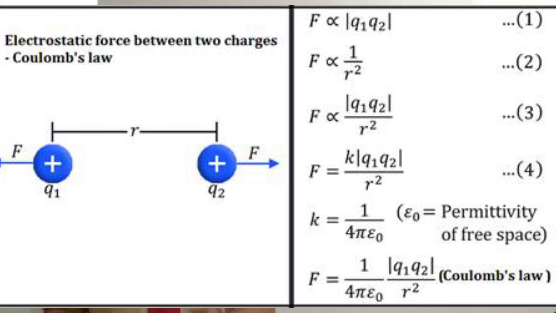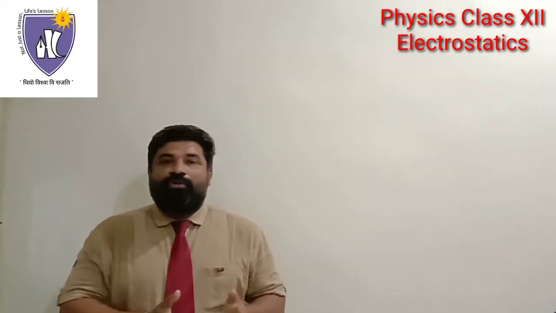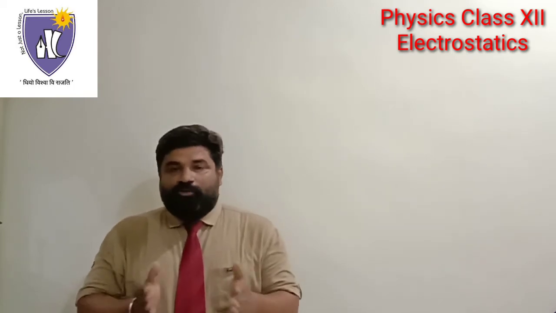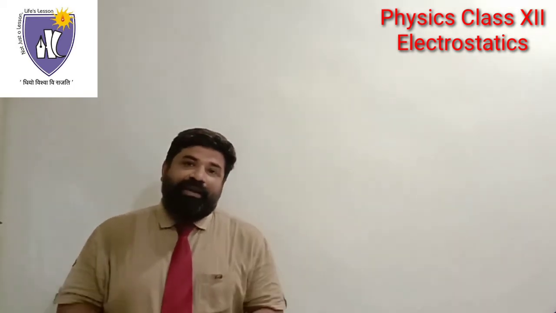But here students get confused about what this epsilon naught actually is, that is, what is this permittivity of free space. Now dear students, as I said, the force between charges depends on the medium.